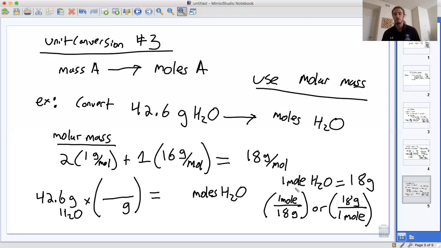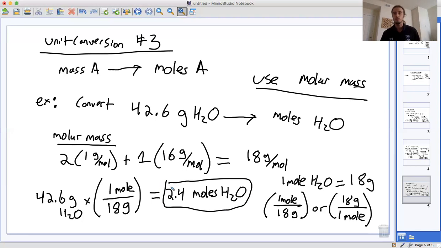So that means I'm going to choose this conversion factor, 1 mole over 18 grams. Right? So my answer is going to be 42.6 divided by 18, about 2.4.